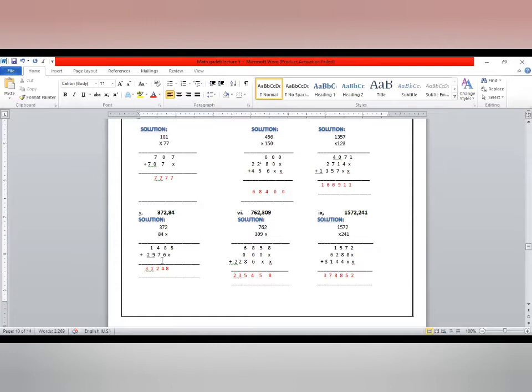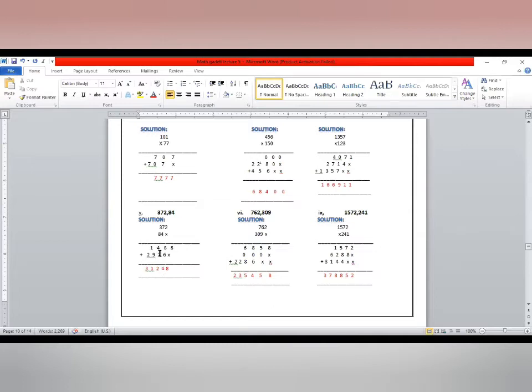First of all, 8 2s are 16, 1 is carried, and 8 7s are 56 plus 1, 57, 7 here, 1 5 is above, and 8 3s are 24 plus 5, 29.